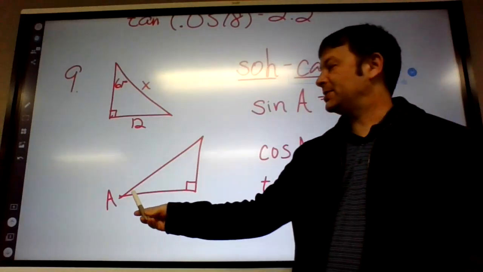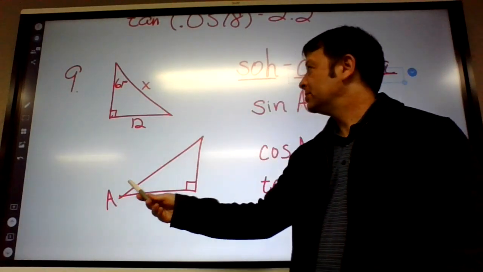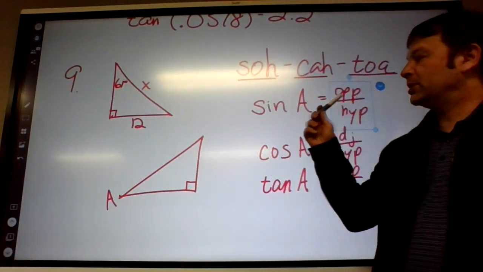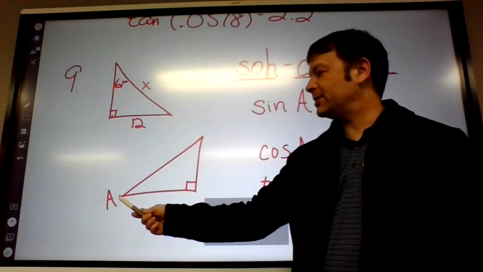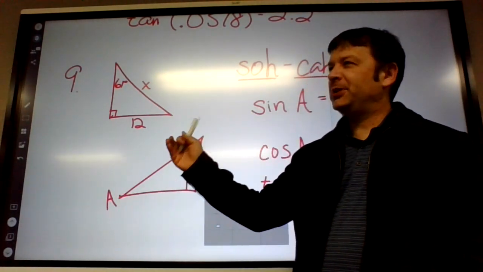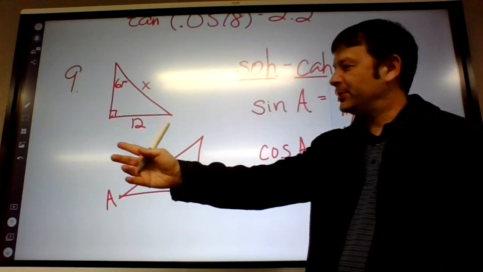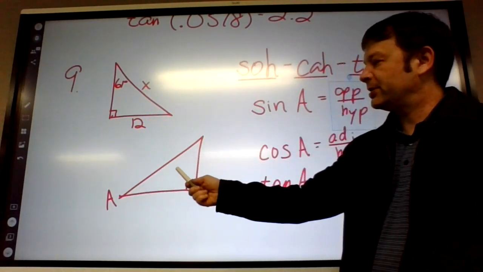So, Kyle, let's say this is angle A. What side do you think is opposite angle A? Opposite means across from, so it means far away.